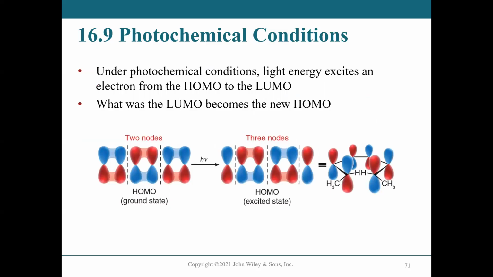So under photochemical conditions, light energy excites an electron. Remember, if we have our highest occupied molecular orbital here, and then we have our LUMO here, and if we add light, we can shoot one of these electrons up to the next level.